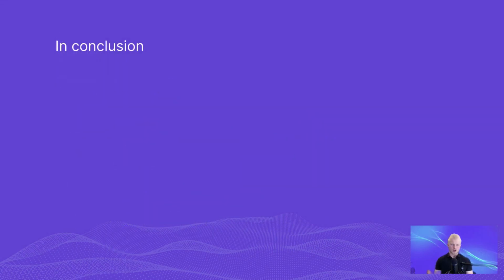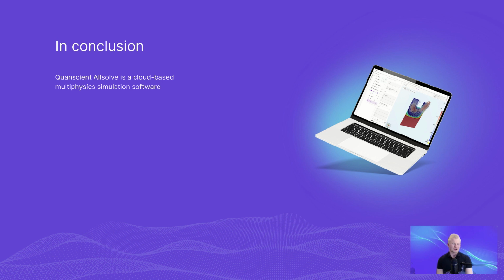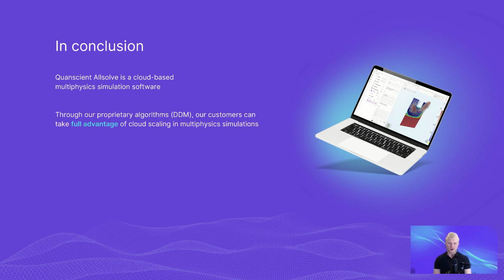In conclusion, the key takeaway I want to leave you with is that Quanscient is a cloud-based multiphysics simulation software. Most importantly, through our proprietary algorithms that employ the domain decomposition method, our customers can take full advantage of cloud computing and cloud scaling in multiphysics simulations.